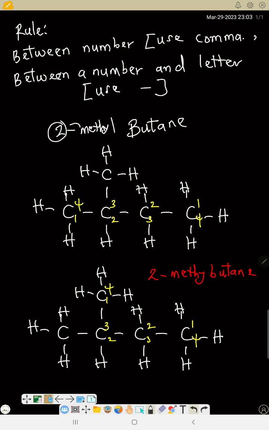After 2 I have dash before I write the name, but if there are two numbers I will use comma, so like this. But if it is one number and letter, then you use dash between number and letter, but nothing will be between letter and letter, so you leave that one. So let's take that as rule number 2.